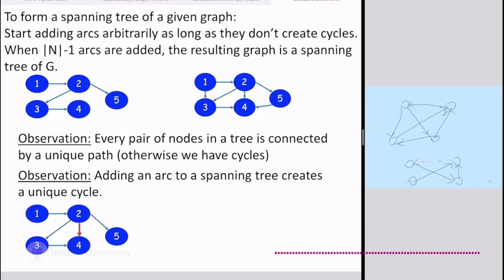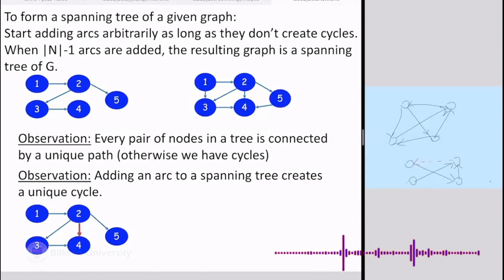But there is only one way. All right. Otherwise, we will have cycles. That's the reason. Since the tree does not have any cycles, given 2 nodes of the tree, there is a unique way.